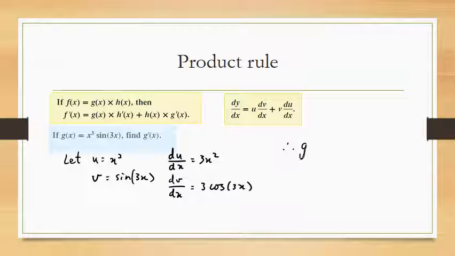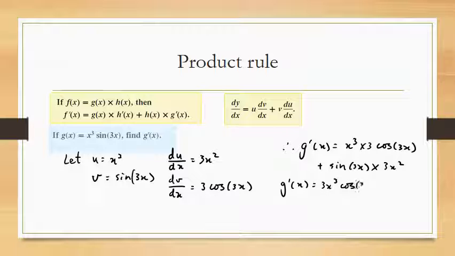So therefore, g dash of x is equal to, if I follow that one there, we want u, which is x cubed, times dv dx, which is 3 cos 3x, plus v, so that's sine 3x, times du dx, which is 3x squared. So then g dash of x is equal to 3x cubed cos 3x plus 3x squared sine 3x.